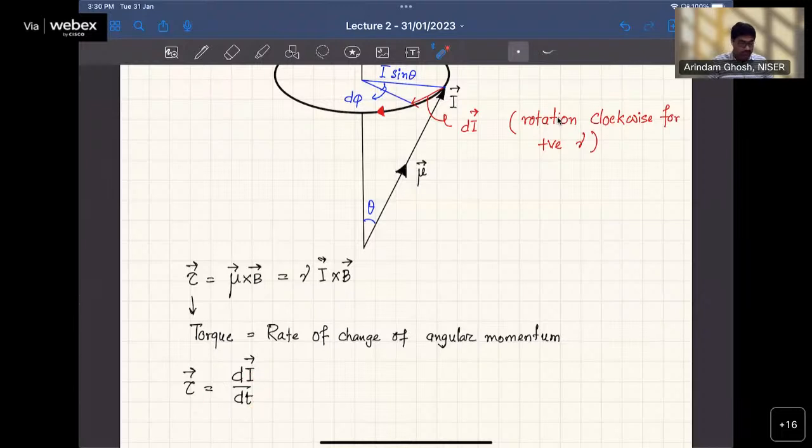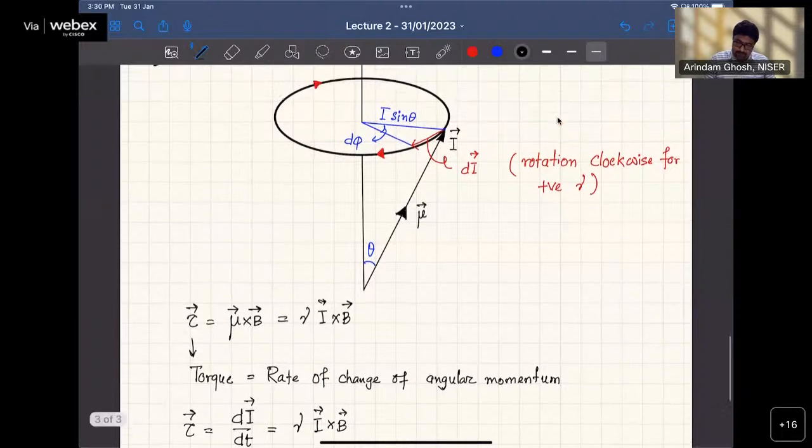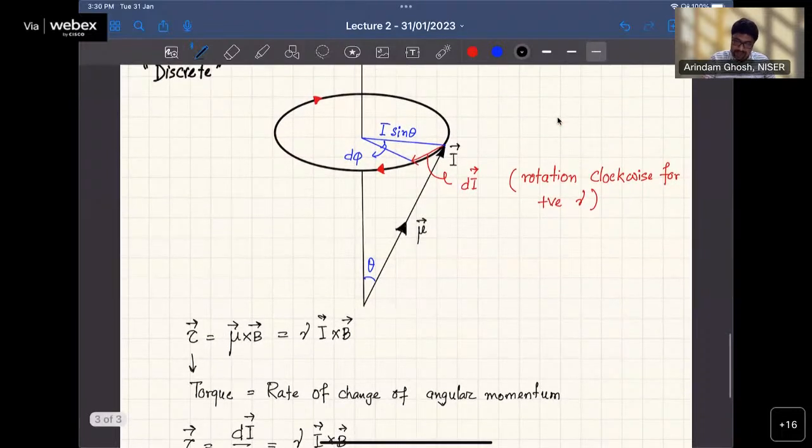So we have got this particular thing. But we have already found from the expression for the magnetic moment that gamma I cross B is tau. So I want to equate this. This is going to be gamma I cross B. What's the angle between I and B? The angle between I and B is theta.